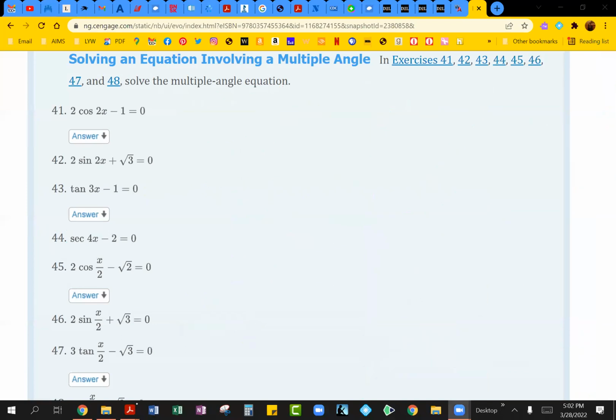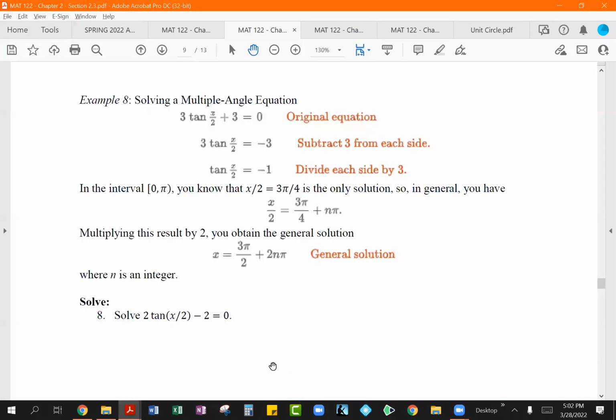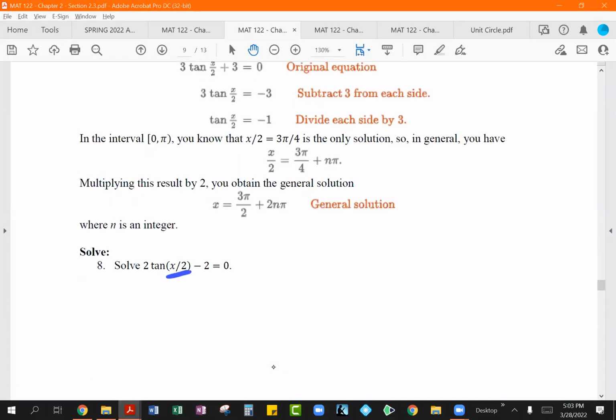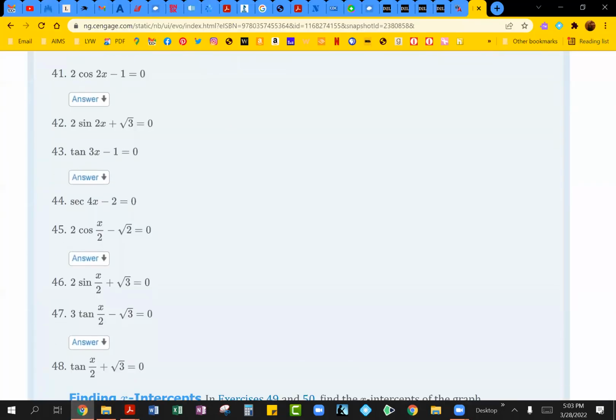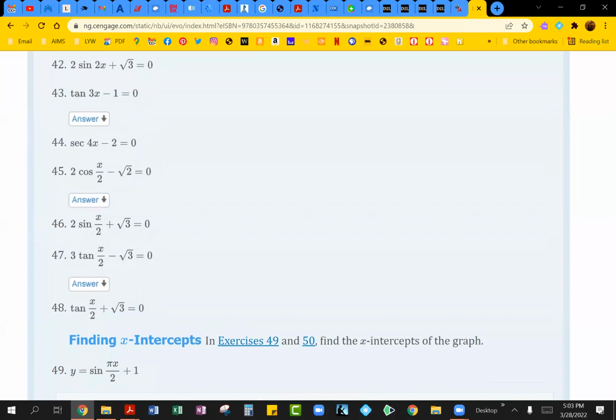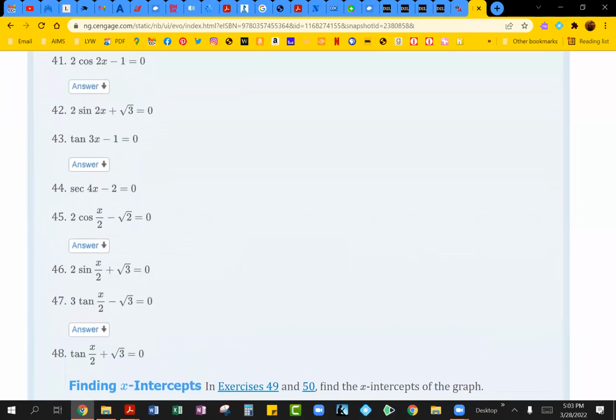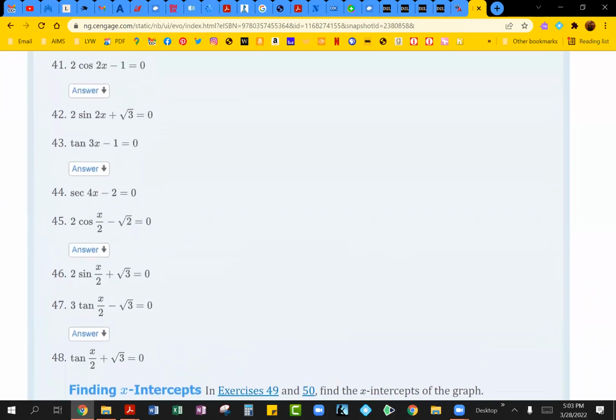We'll clear him out. And just for extra practice, I thought we could do one with division, like x divided by 2. So as you can see, we've got some examples here. Let's do 48 with the tangent function.